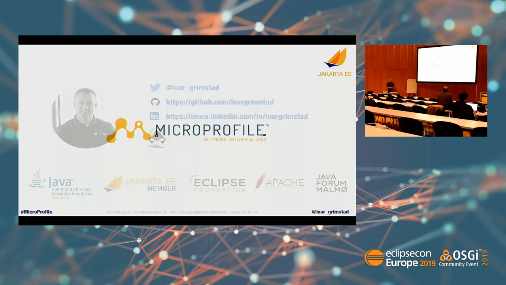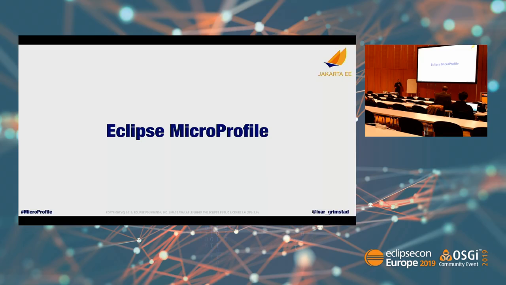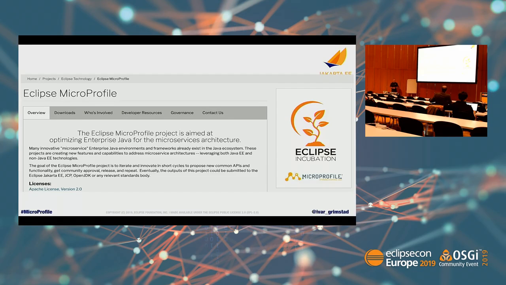So, today's talk is about MicroProfile, and MicroProfile is actually currently Eclipse MicroProfile, and that is because it is an Eclipse project. So, if you navigate to the project pages at Eclipse Foundation, you'll find MicroProfile there, and the mission of MicroProfile is to optimize enterprise Java for creating microservices.